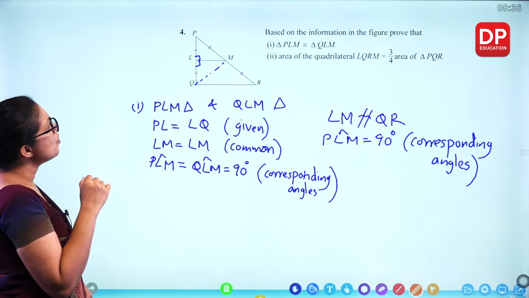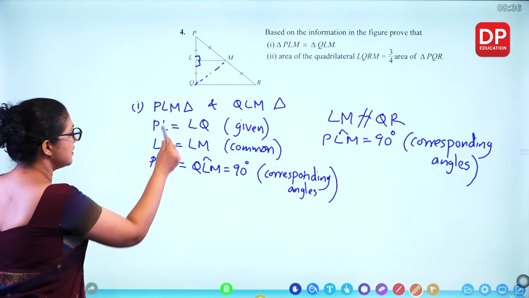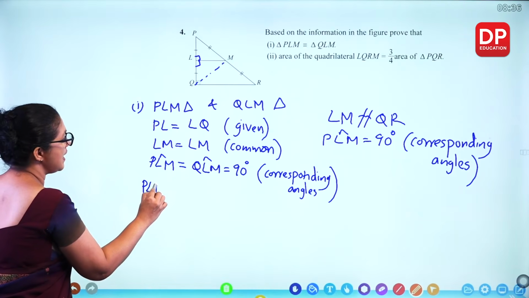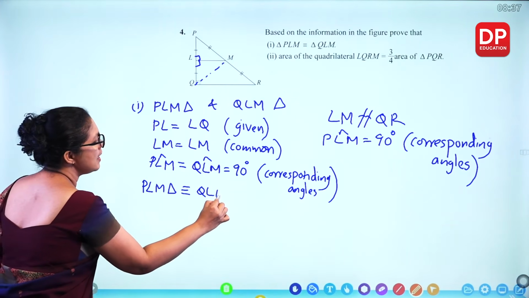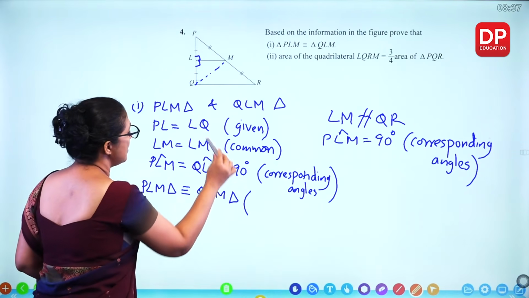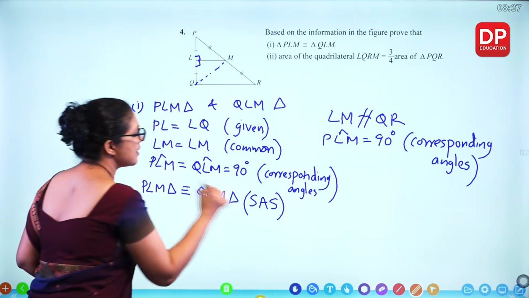Now, two lengths and the included angle. We can straight away write PLM triangle is congruent to QLM triangle, side, angle, side.